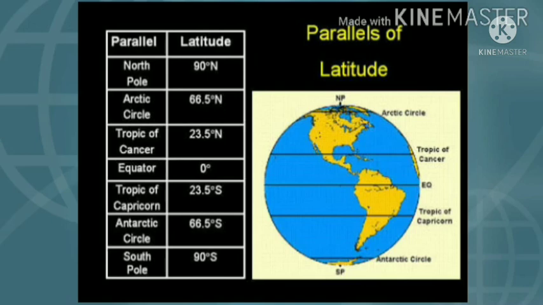Then the equator, the imaginary central line between the North Pole and South Pole, at 0 degree. Then Tropic of Capricorn at 23 degree south. Antarctic Circle at 66 degree south. Then South Pole at 90 degree south.